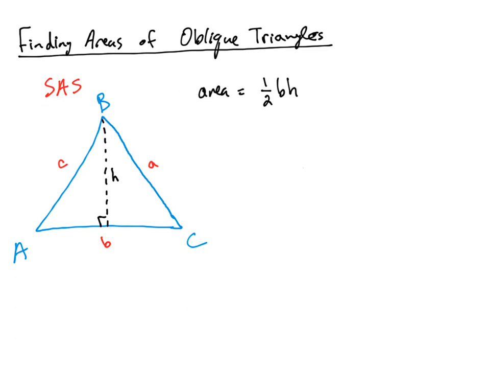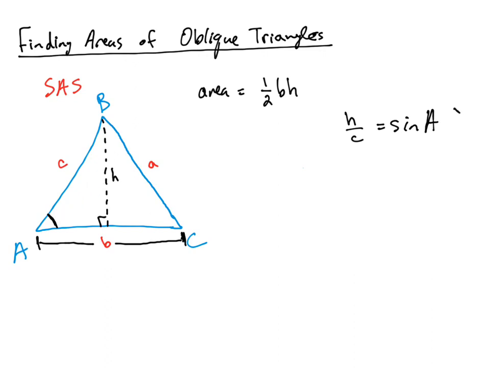So this entire length here is B, so that's the base. And then to find that height, if I'm starting at this angle over here, H over C is equal to sine of angle A. So sine of angle A, we have the opposite is H, and C is the hypotenuse.